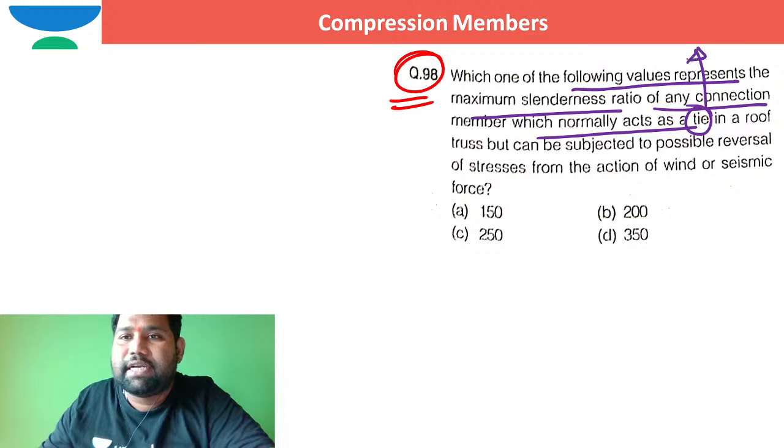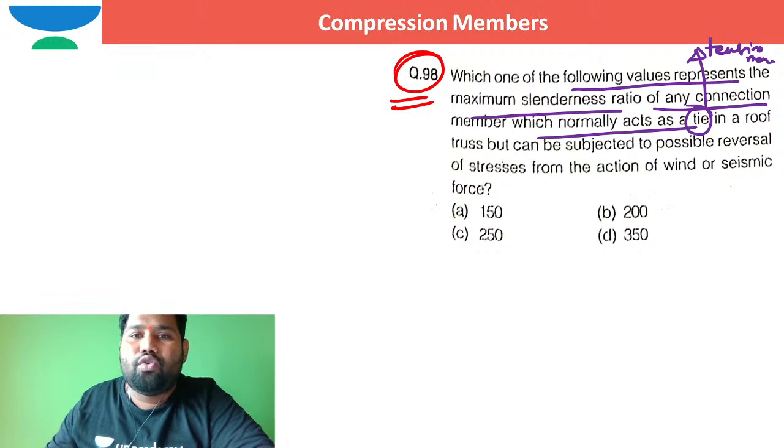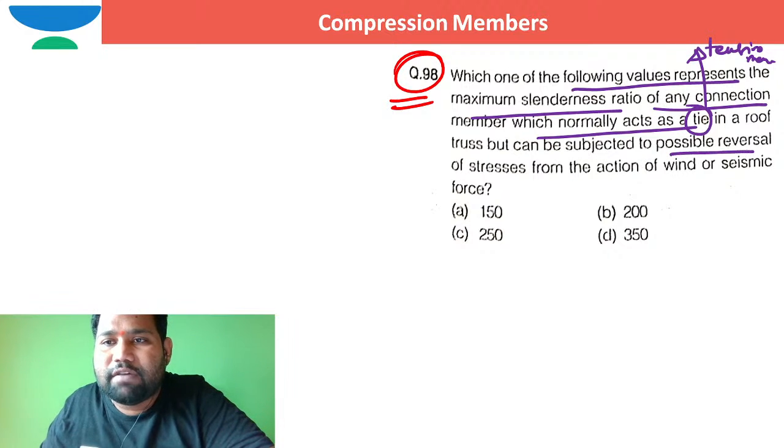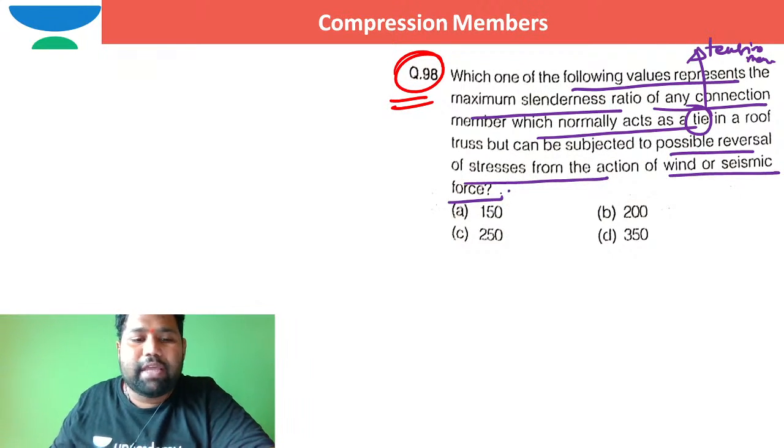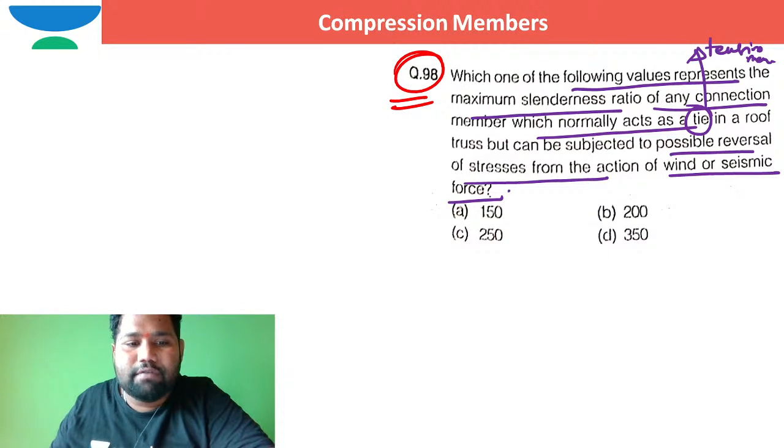Tie means tension member, in a roof truss, which can be subject to possible reversal of stresses from the action of wind or seismic force.